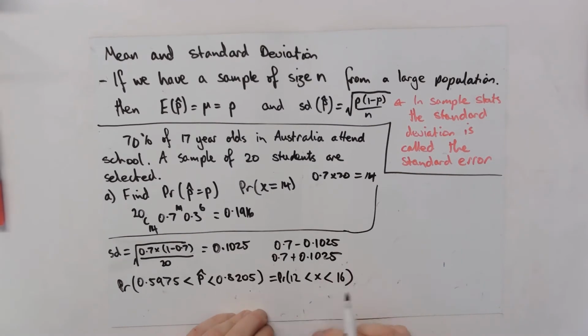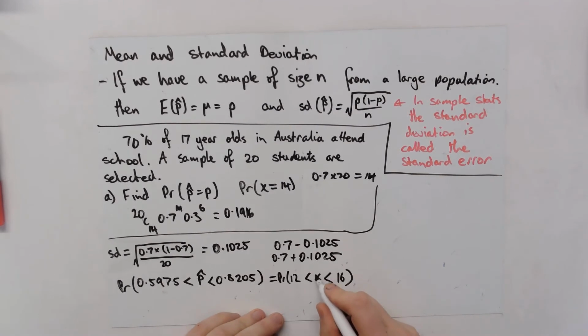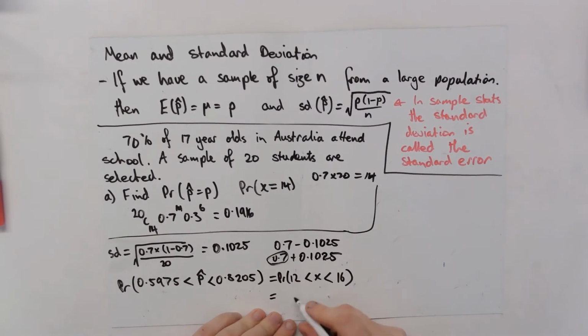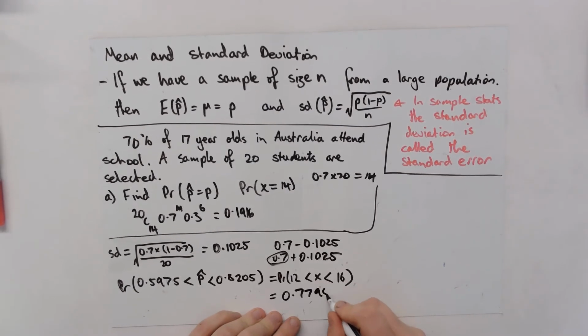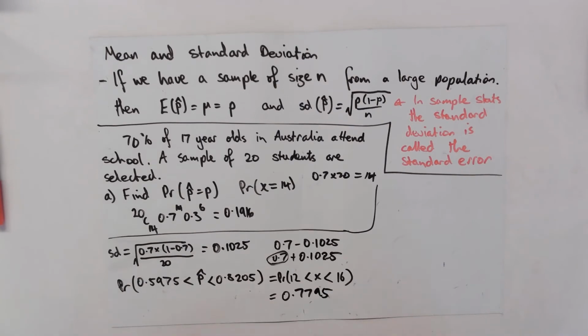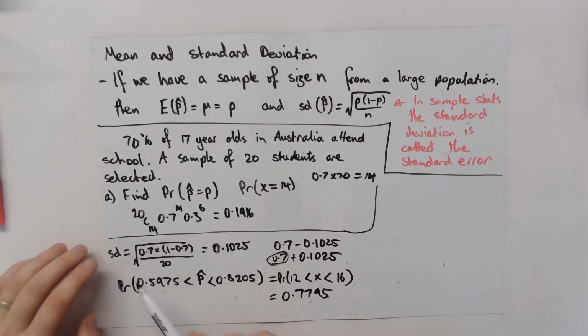To work that out, you're going to use your calculator, and we're still using our probability of 0.7 in there. When we do that, we find a probability of 0.7795.